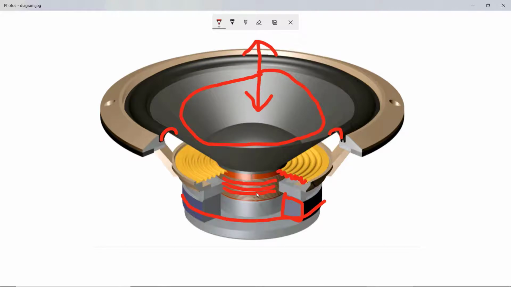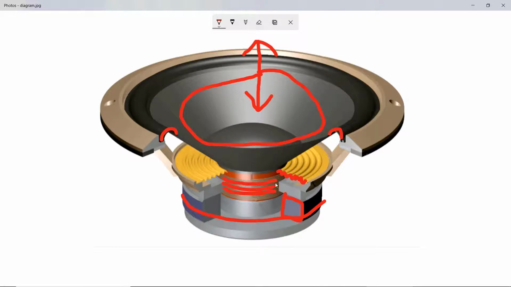So this is a really special condition where you have this coil of wire that loops around in circles, and it's inside of a magnet. So what's the big deal? Well, when electricity flows in circles, it does something really cool. It makes something called an electromagnet.